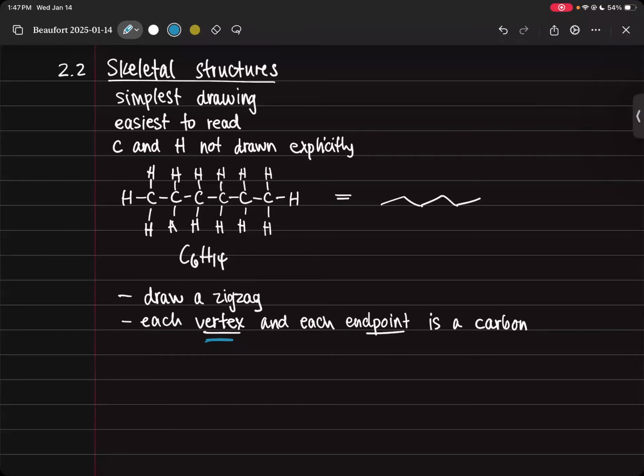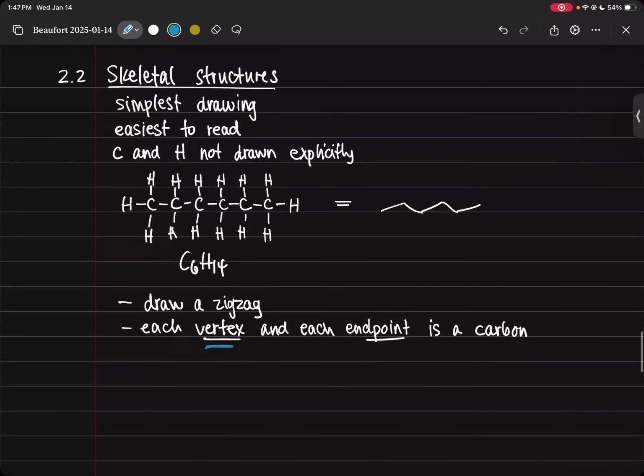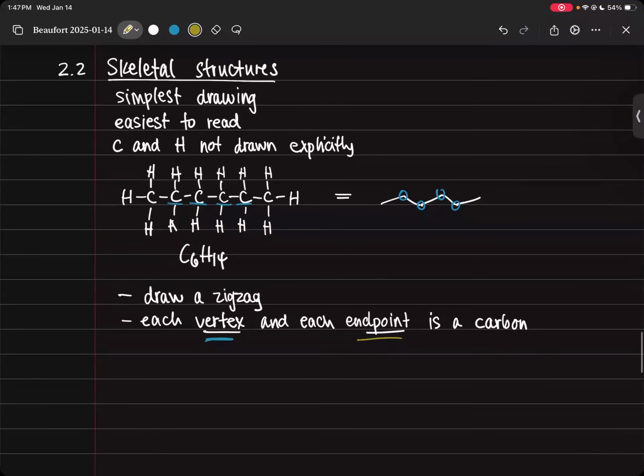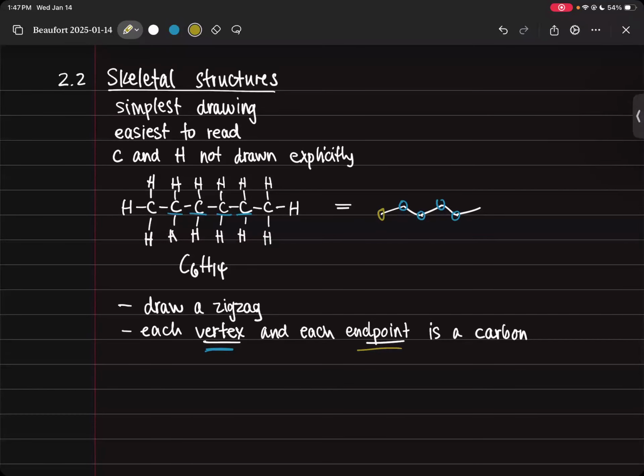Okay, so let's look for vertexes on this skeletal structure. There's one there, there, there, and there. And then endpoints, so the ends of lines that are just dangling, those are also carbons. So there and there.